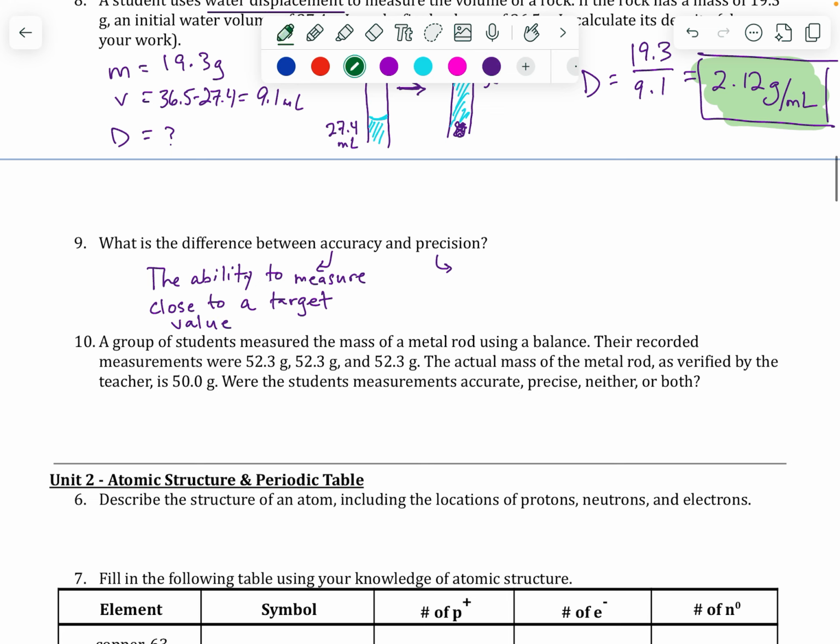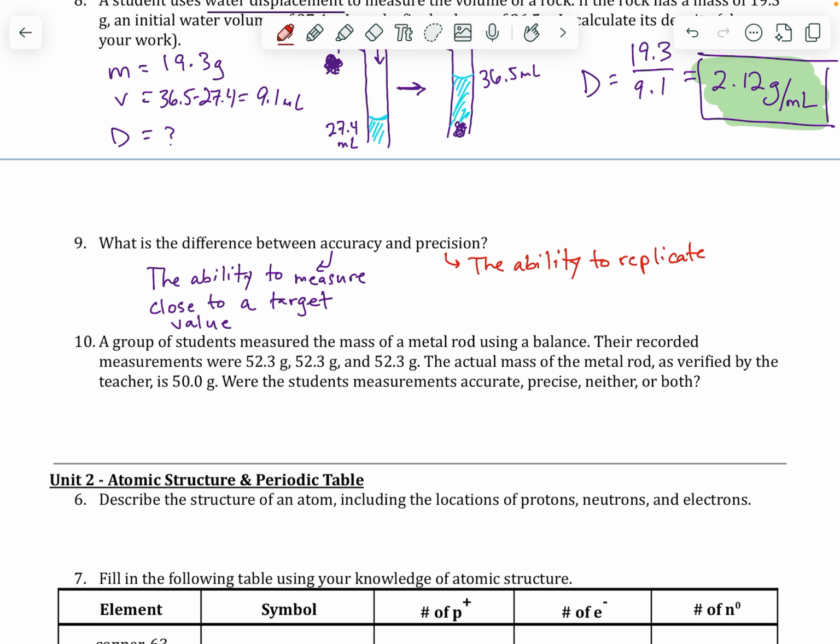Whereas precision, I'll go with the purple and red theme here, is the ability to replicate.